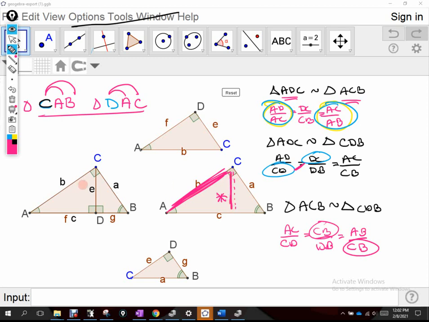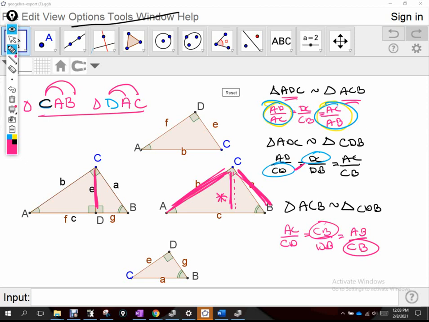That's the altitude. It's over here. Okay? That's a repeat. And then down here, CB is the other altitude. That's the repeat. So what we're seeing is that the term that is repeating in two of the three ratios in each one of these similar triangles is always one of the altitudes of the original right triangle. Does that make sense? Everybody see that?